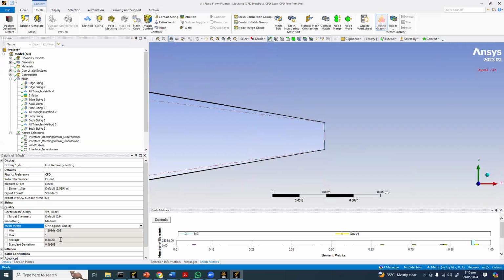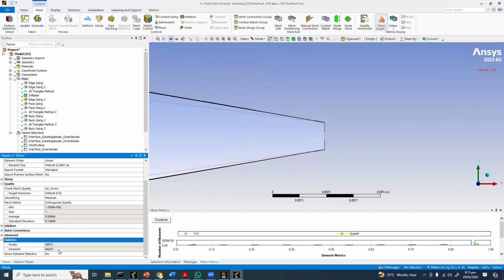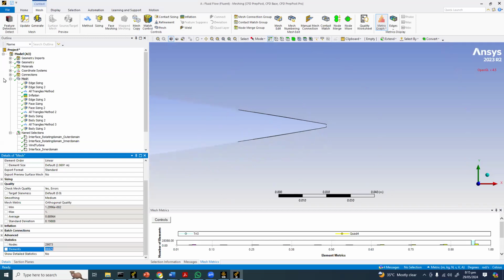And you can see the average quality is very high, 0.88. And the number of cells is 44,000. It shows that the number of cells is actually very, very low.